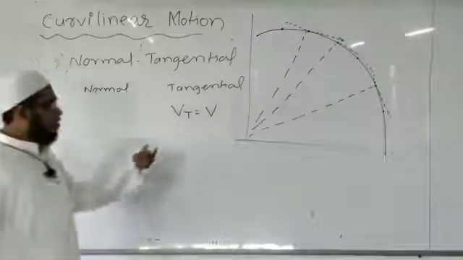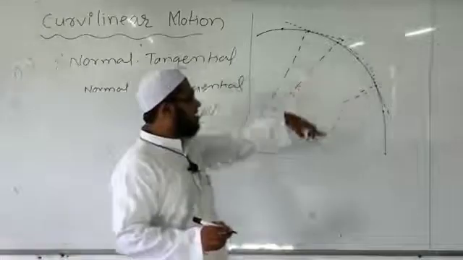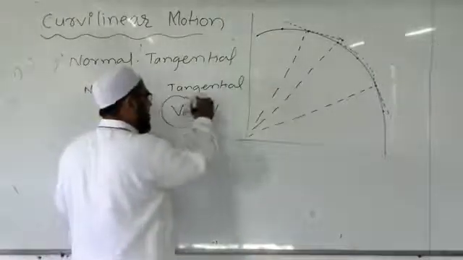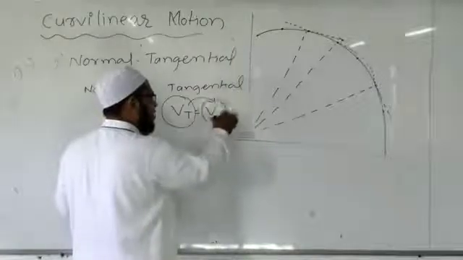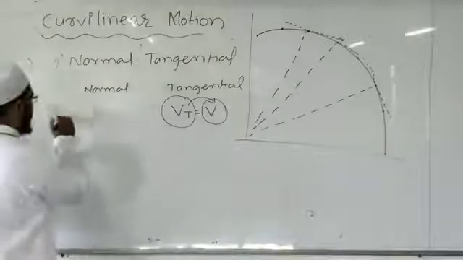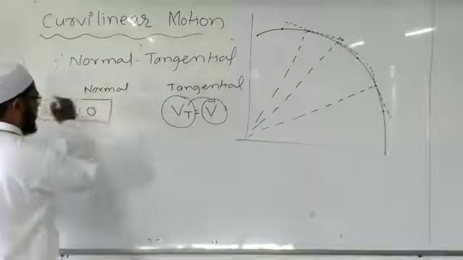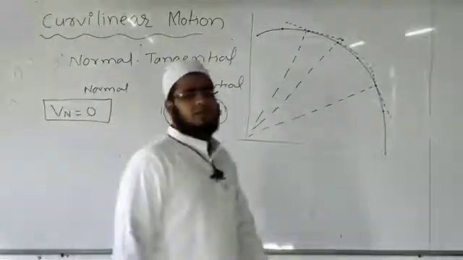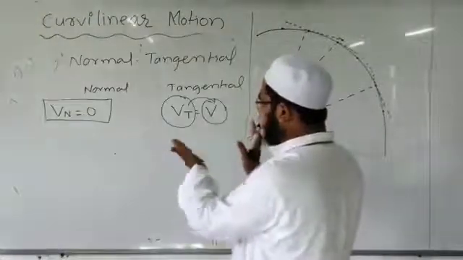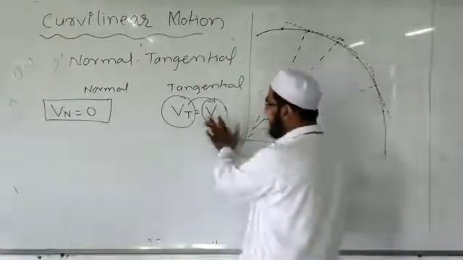In the normal tangential system, the velocity is always in the tangential direction. Whatever the component in the tangential direction, it is always equal to the total velocity of the object. And vn, the normal component of the velocity in that case, is 0. No need to resolve in this case.